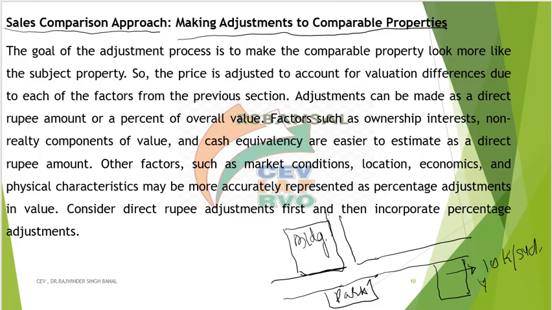So it was sold for 10,000 per square yard, and we will compare these two properties and give weightages to the factors. Let us suppose this is a two-side plot. Corner plots of course will have a higher per unit price, so we will give 10% weightage.